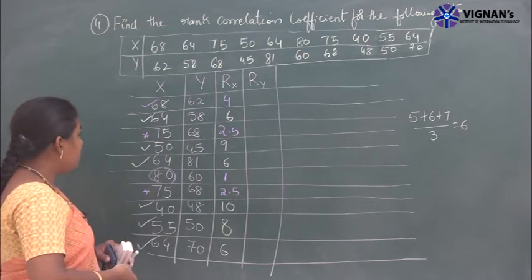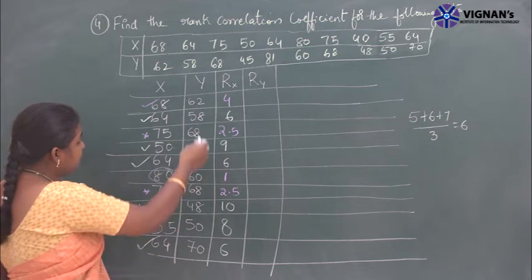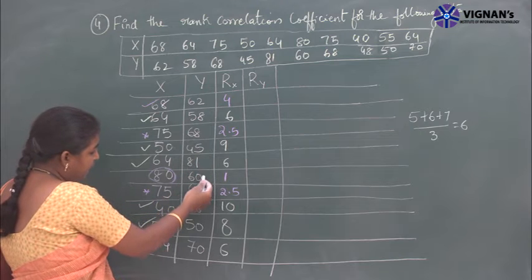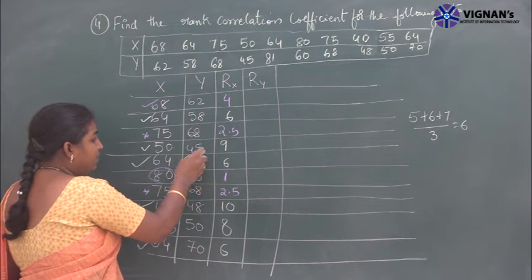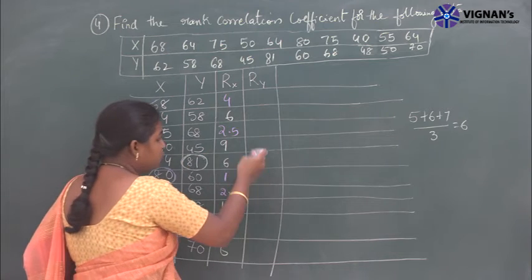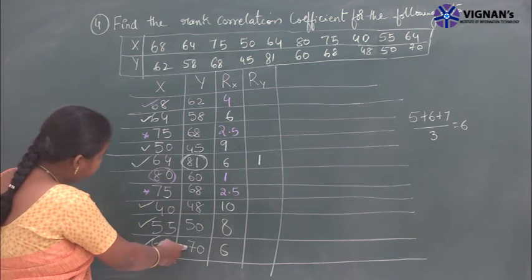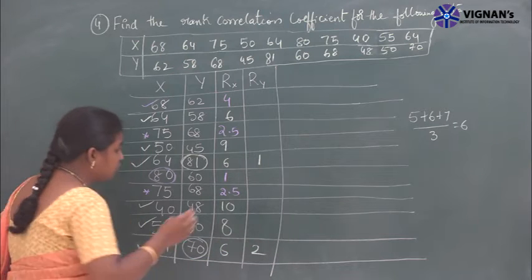Right? So now for y values, which one is the maximum? We have to select from 60, 62, 58, 68, 45, 81, and 81 is the maximum. We are giving the rank of 81 as 1. Next, the next maximum is 70. We are giving rank 2.